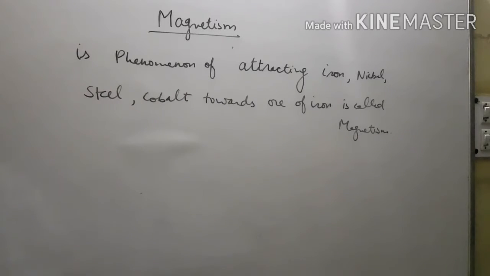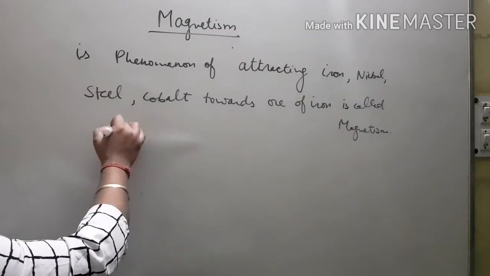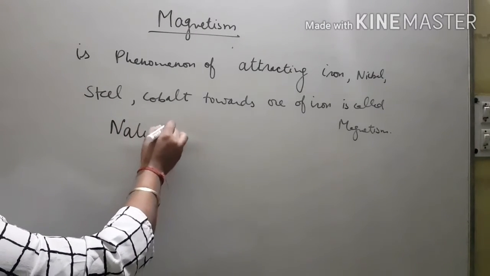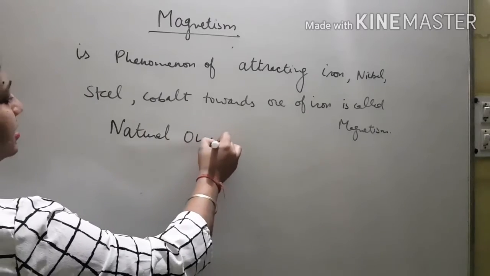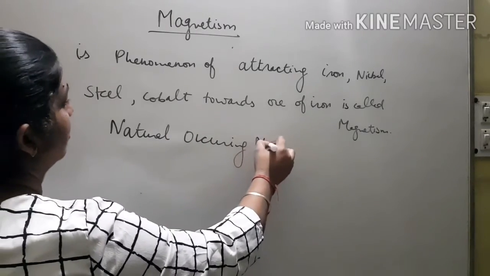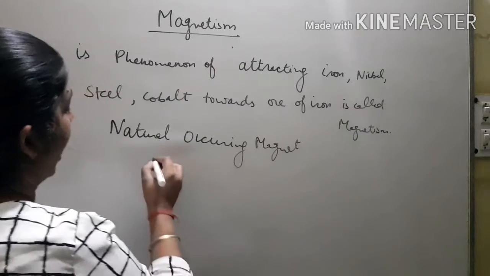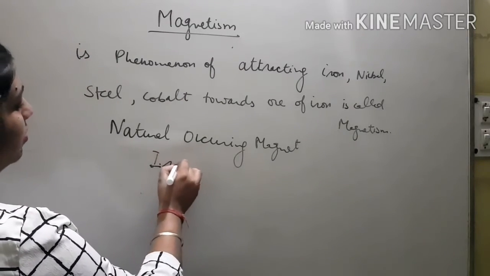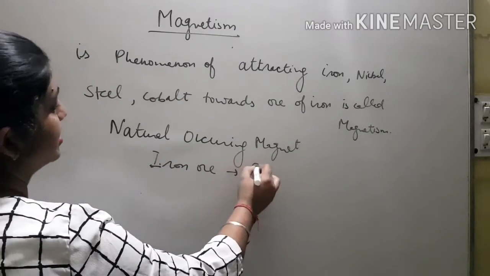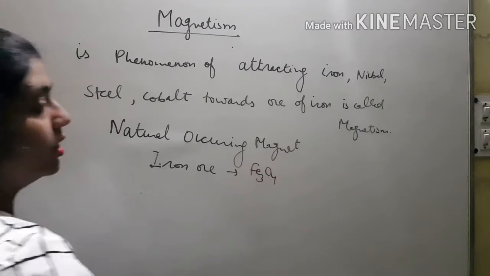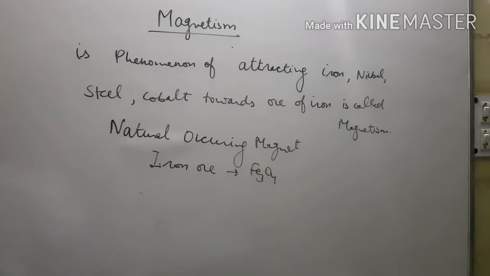And there is a naturally occurring magnet, that is iron ore, Fe3O4. It is called magnetite.